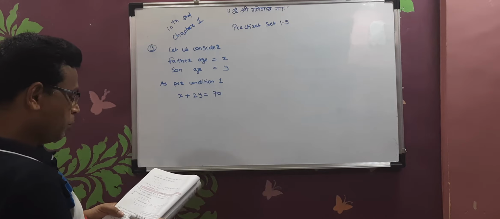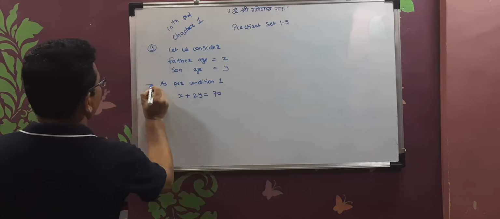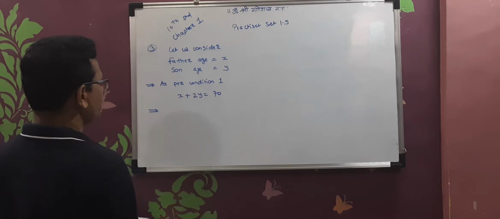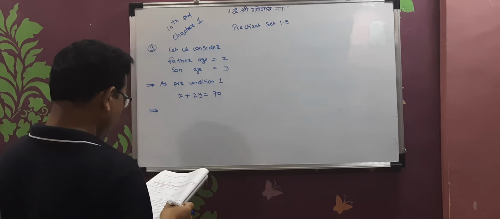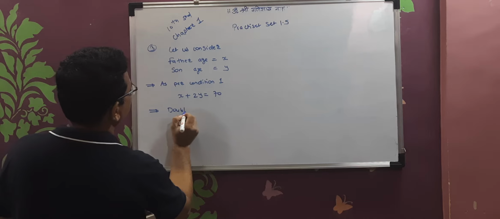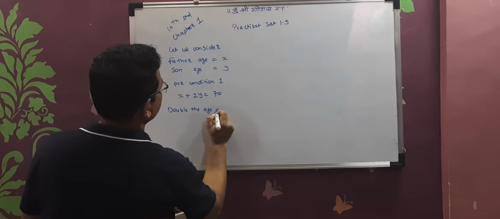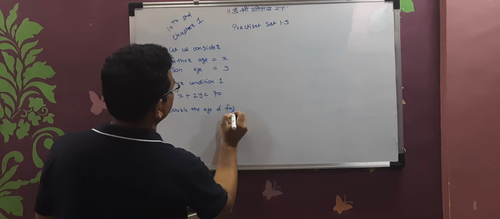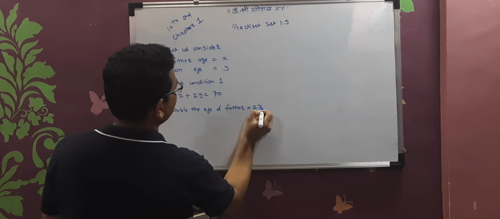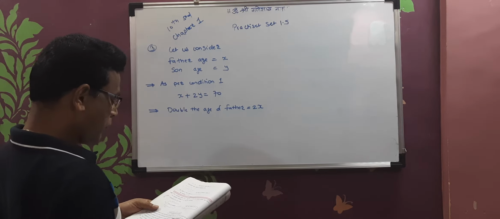Now what is condition number 2? If we double the age of the father, from here condition 2 starts. If we double the age of the father, this is 2x, and add to the age of the son.